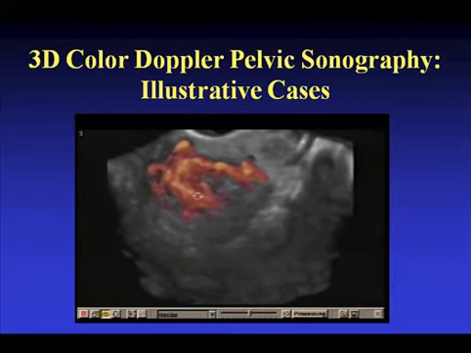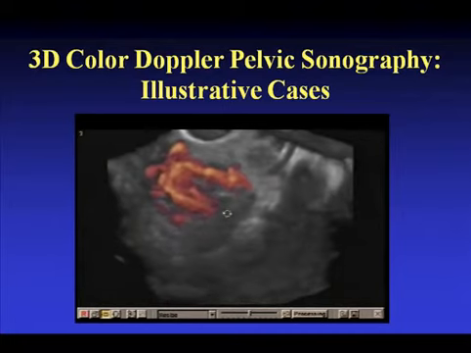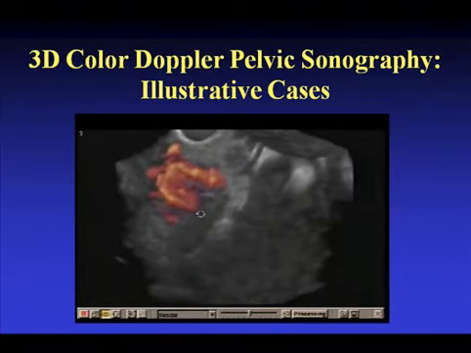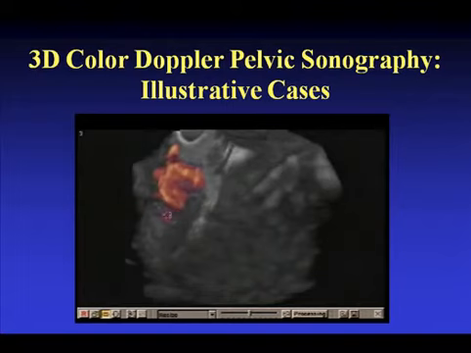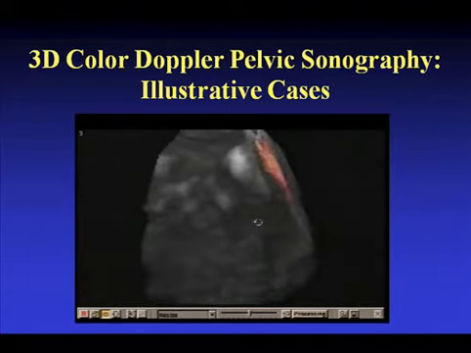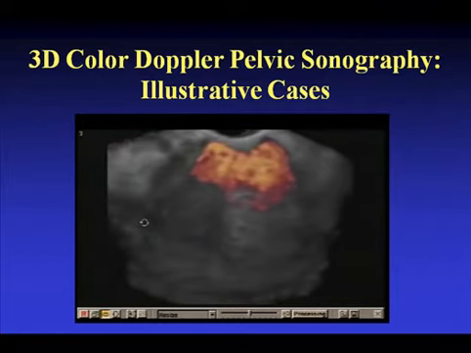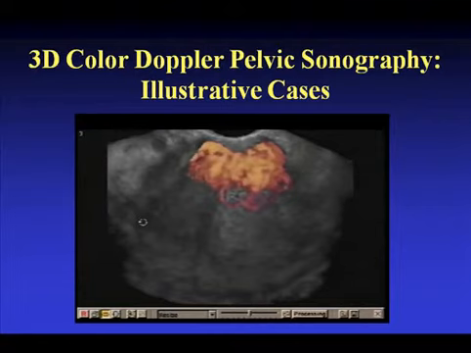We can slice and dice it, and we can evaluate its overall vascularity very nicely using this 3D technique. Here we're just showing the sample volume and the vascularity surrounding this fibroid.